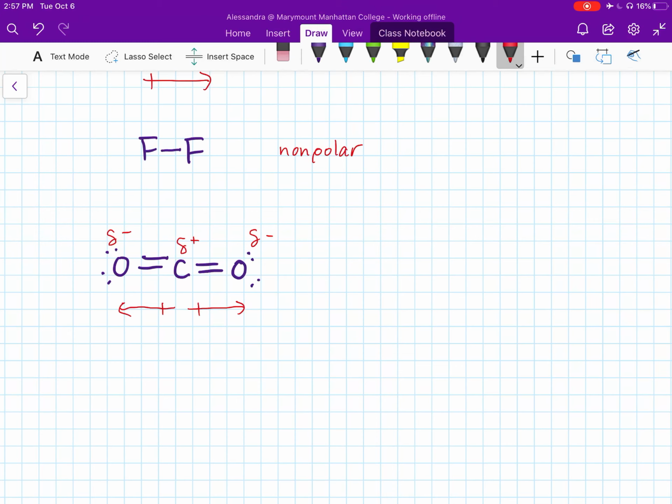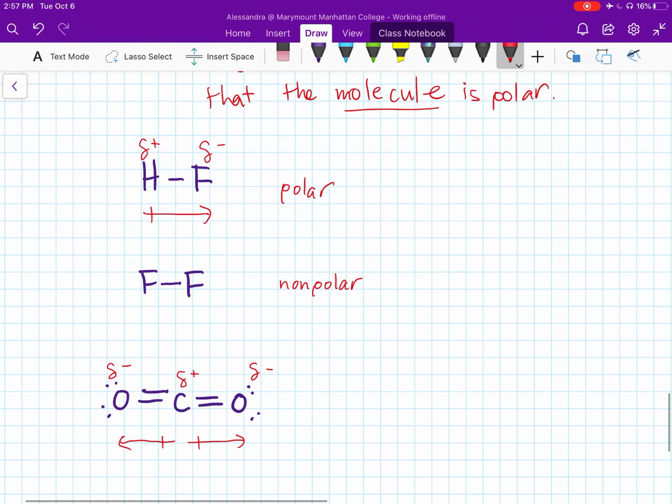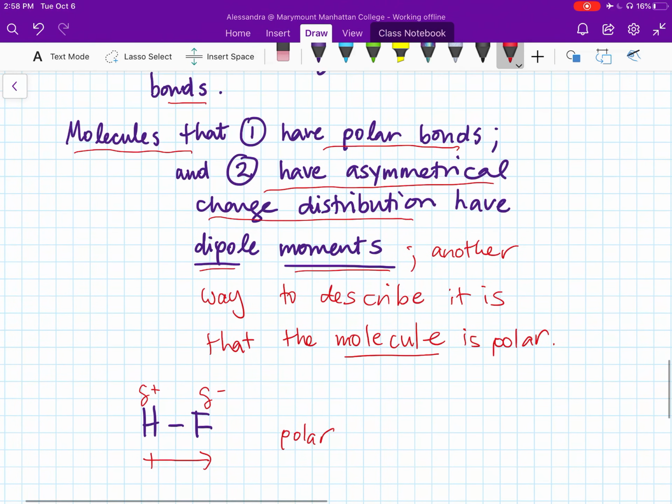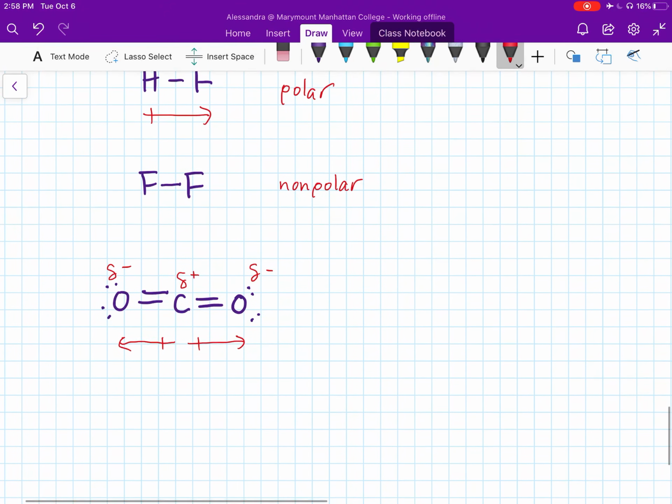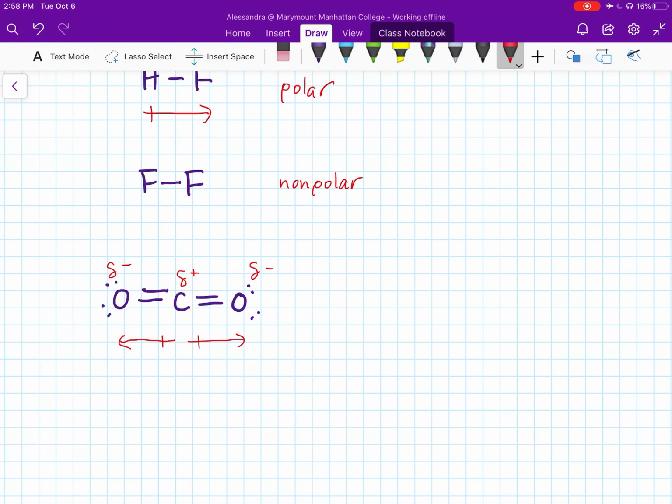So if I look at the requirements for having a dipole moment, the first requirement is totally met. This molecule has a polar bond. It has two of them, in fact. Now, does it have asymmetrical charge distribution? Here's where VSEPR theory comes in.